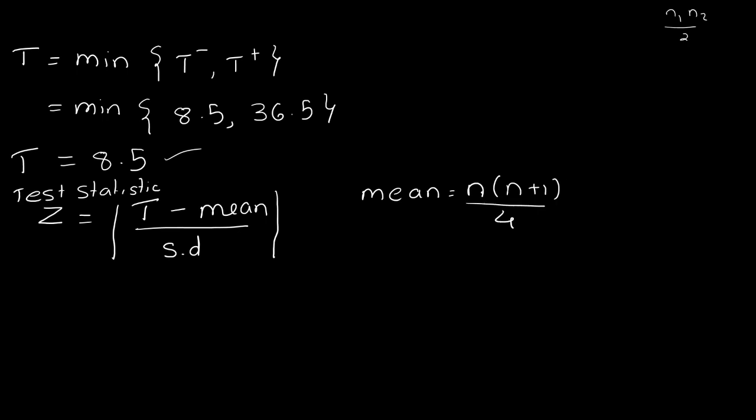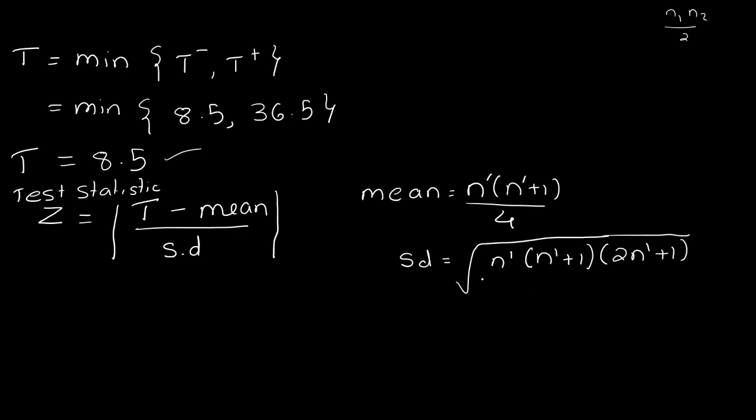Let me be clear, this n is my revised n, so I will write this as n dash. n dash into n dash plus 1 upon 4. Similarly my standard deviation is given by root of n dash into n dash plus 1 into 2 n dash plus 1 divided by 24.